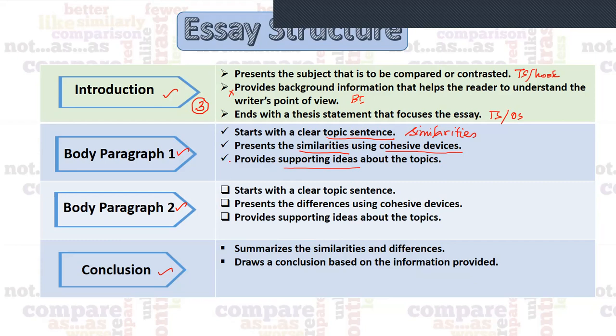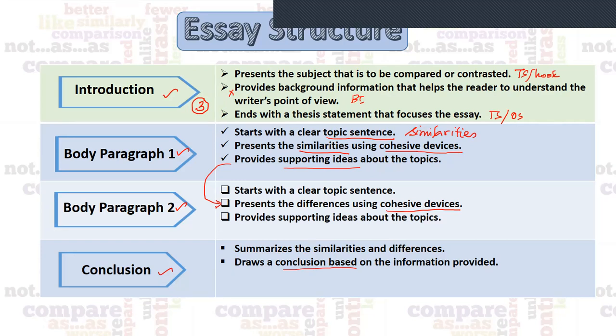And paragraph number 2 has the same pattern. But here, the cohesive devices are different, like while, whereas, on the other hand, on the contrary, in contrast, all this stuff. So the same type here. And finally, draw a conclusion. You summarize and then you draw a conclusion based on the information.